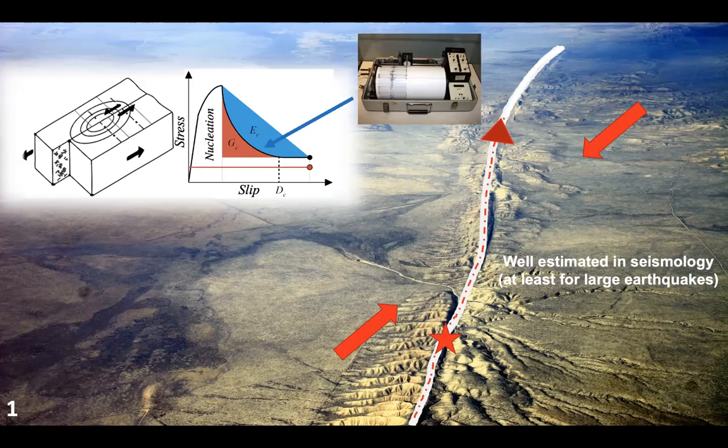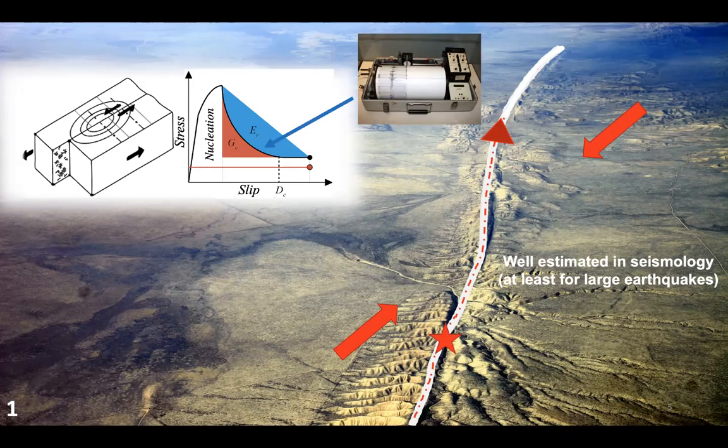This energy is well estimated by accelerograms and geodesy. It is an energy that we can estimate in seismology, at least for large earthquakes, because for small earthquakes we have attenuation issues: the high frequency content of the signals is lost due to the attenuation of the medium.